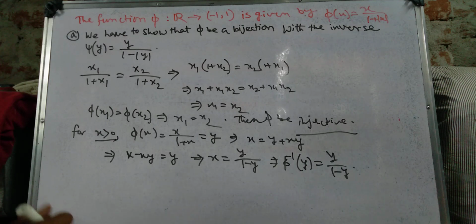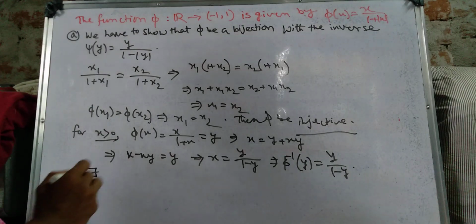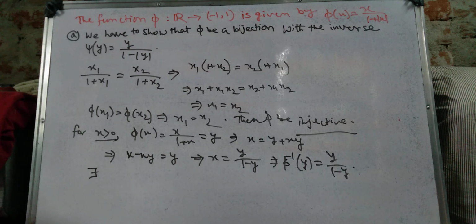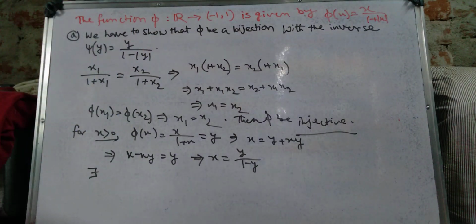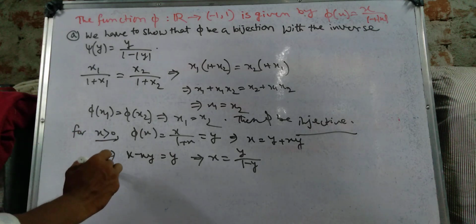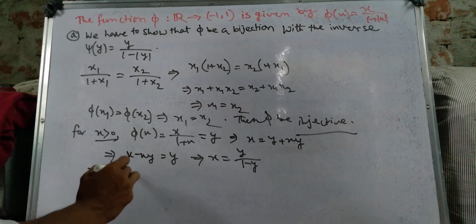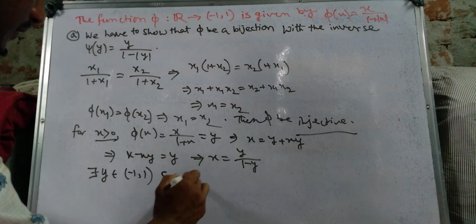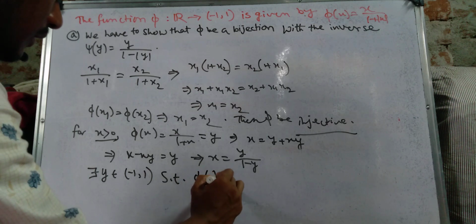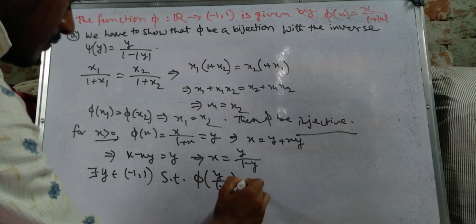Okay, then there exists y belongs to (-1, 1) such that phi of y by 1 minus y equal to y.